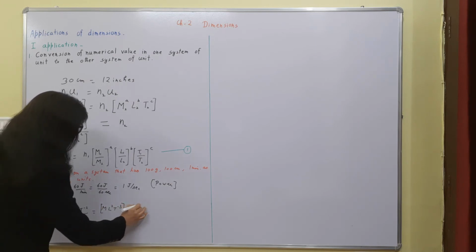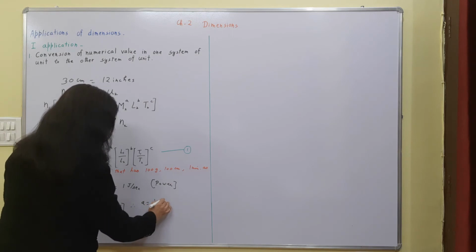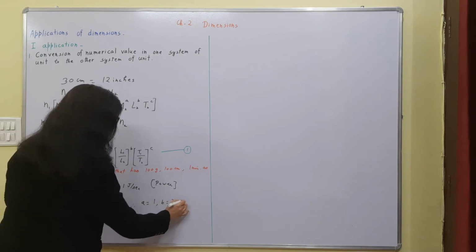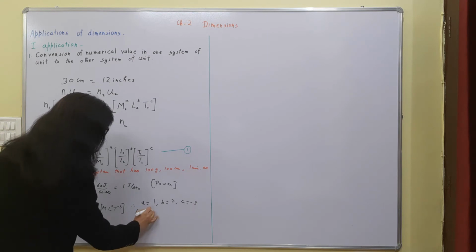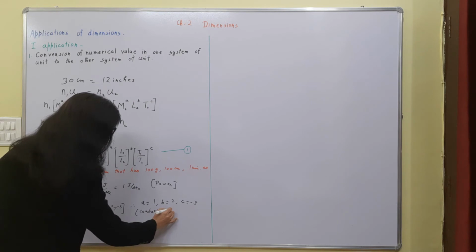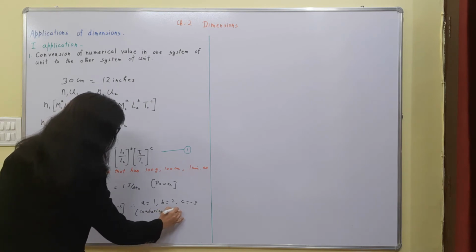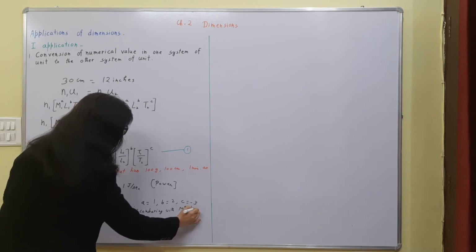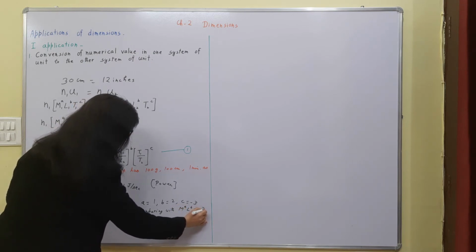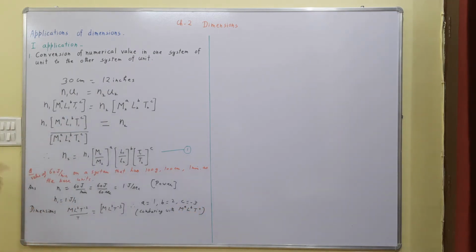So this gives me A is equal to 1, B is equal to 2 and C is equal to minus 3. Why? Because we have compared it with m to the power a, l to the power b, t to the power c. Right? So we have got this.